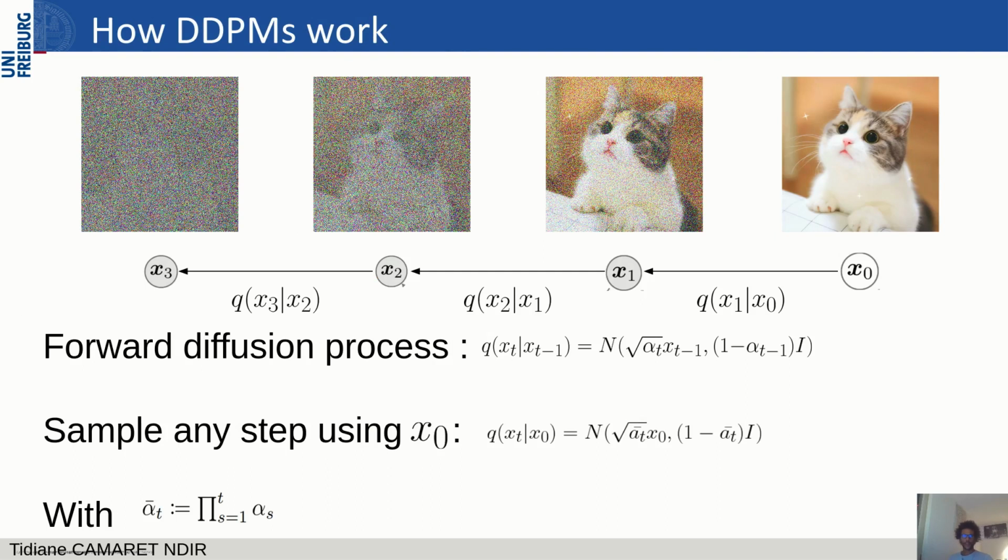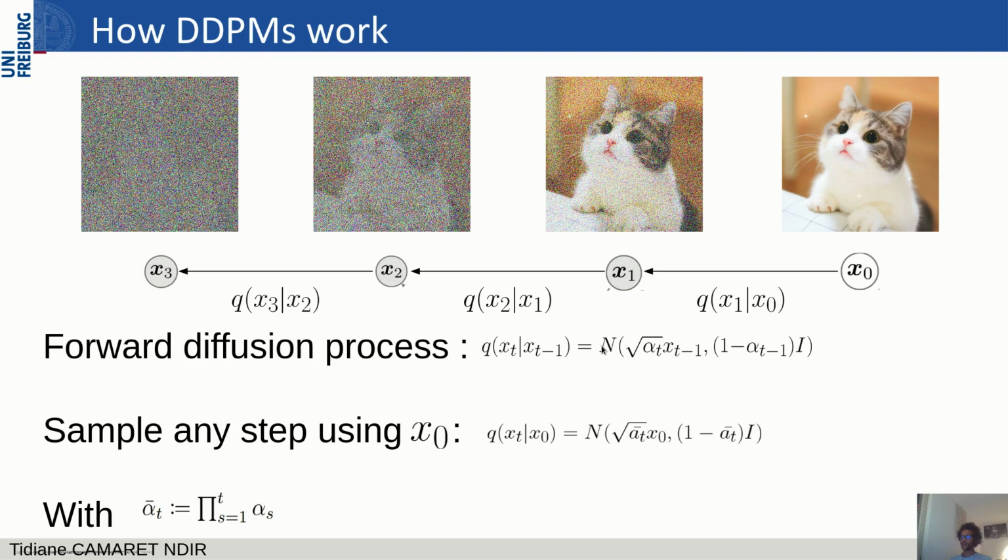So in DDPMs, as we said earlier, we progressively add noise to an image and train a network to remove the noise added at every step. We have our original image here, x0, and we make it pass through a forward diffusion process q. The forward process uses a Gaussian distribution that we see here, and its mean and its variance depend on the image at the previous step.